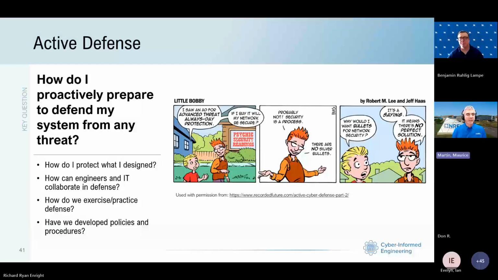Active defense is the next principle, and this begins when you put yourself in the shoes of the attacker and begin to think, well, if I wanted to create some of the worst consequences, what would my kill chain look like? What would be the steps that I would execute to achieve this particular consequence?